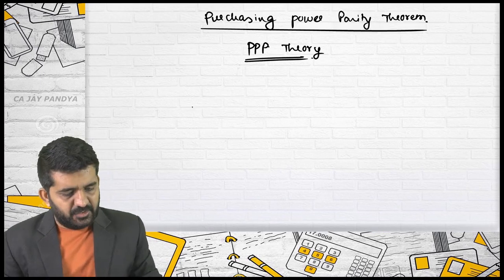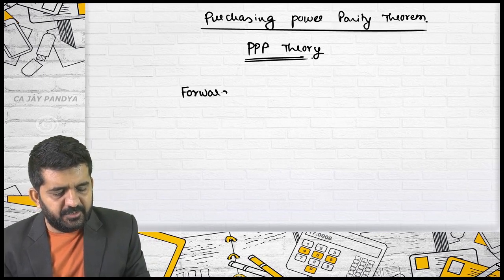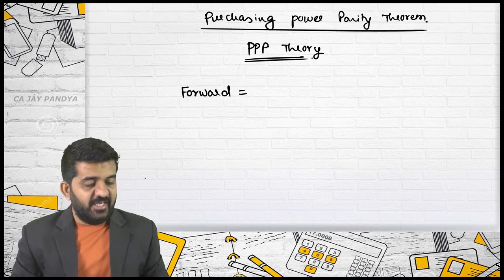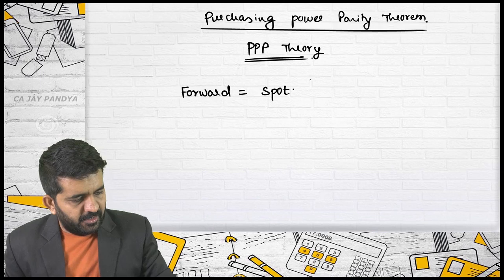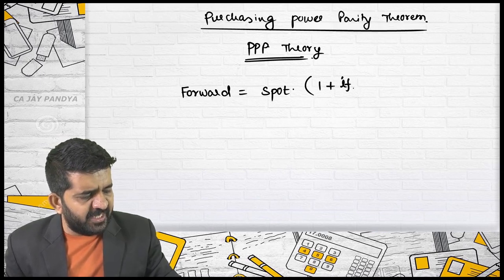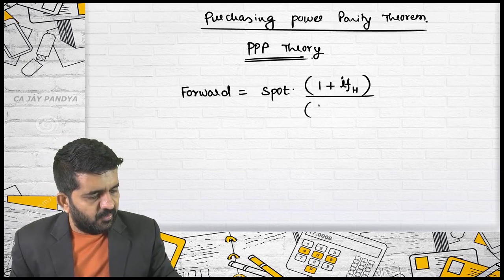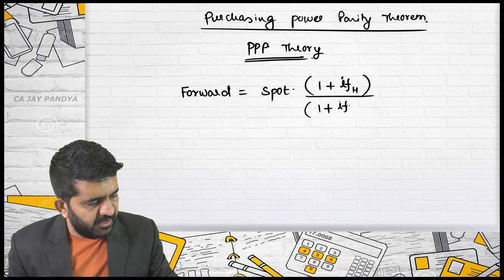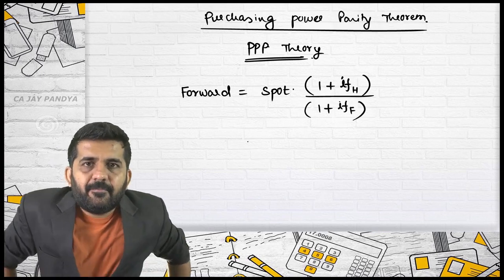What does it say? What should be the price of a forward? It is nothing but spot into 1 plus inflation rate of home currency divided by 1 plus inflation rate of foreign currency.